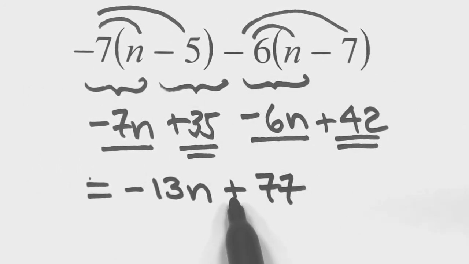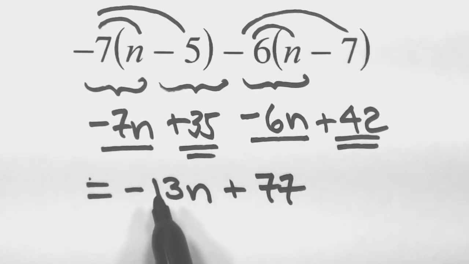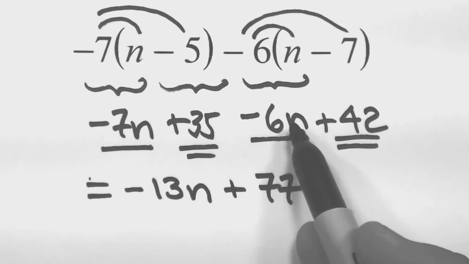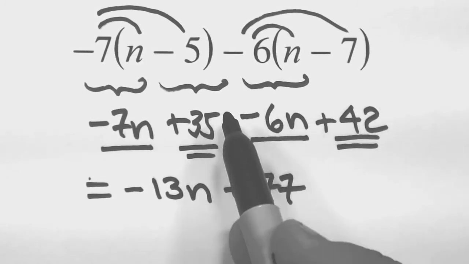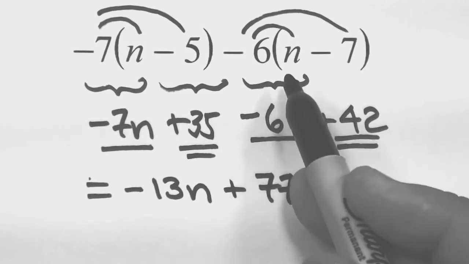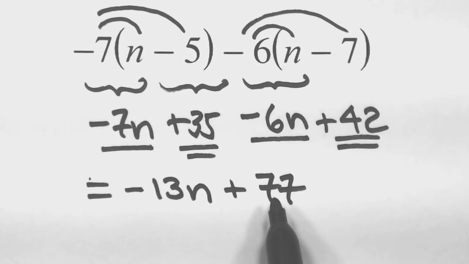Well, by simplifying it down to this guy, you'll get exactly the same answer if you plug that value of n in here, but it's a lot easier to get that final answer now because you've done all the combining that you could do up here. So if we want to substitute in, this one will be a lot quicker and give us exactly the same answer we got up here. That's one of the main reasons we combine like terms, but you'll be seeing plenty of other reasons as we go further on.